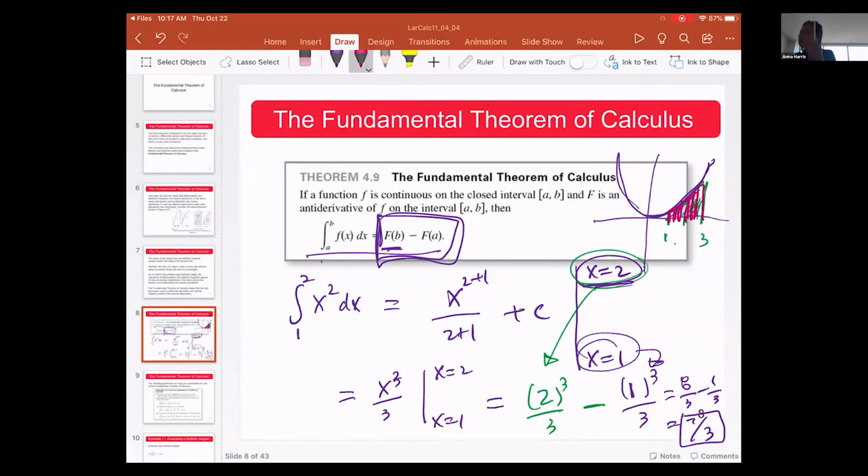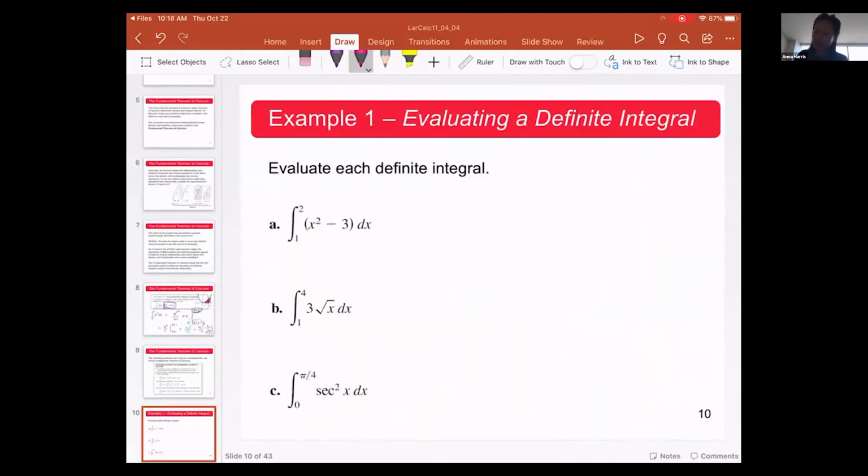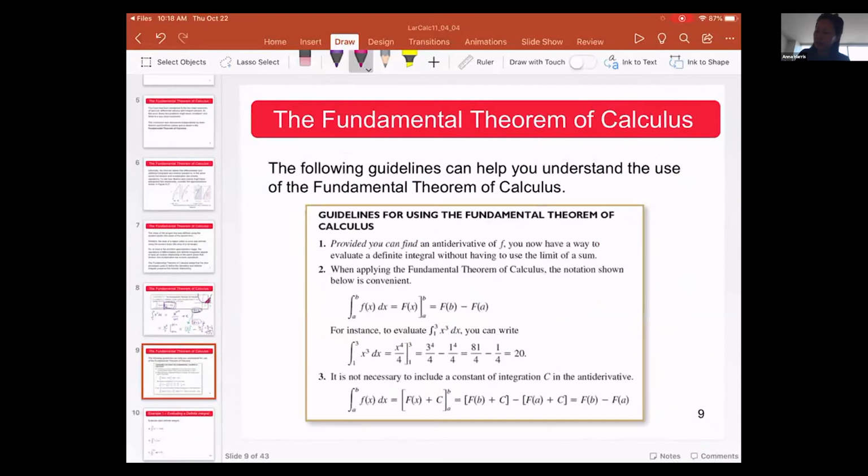There's no discrete anymore; you can think of it as a continuous function. That case is integration. They gave you an example right here. This is called the fundamental theorem of calculus.